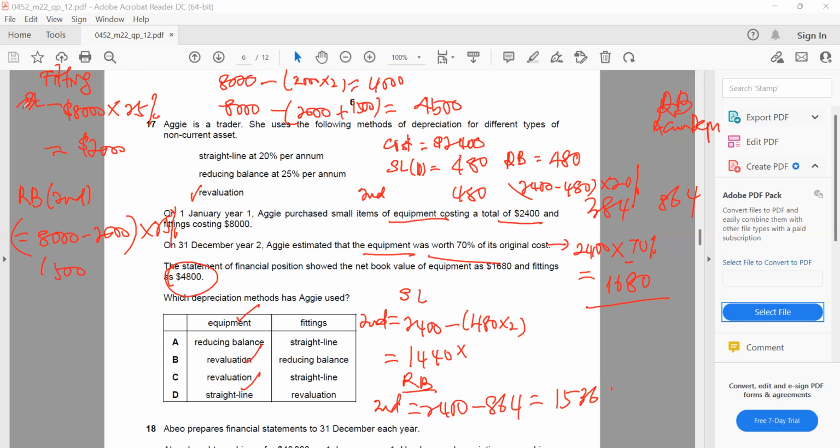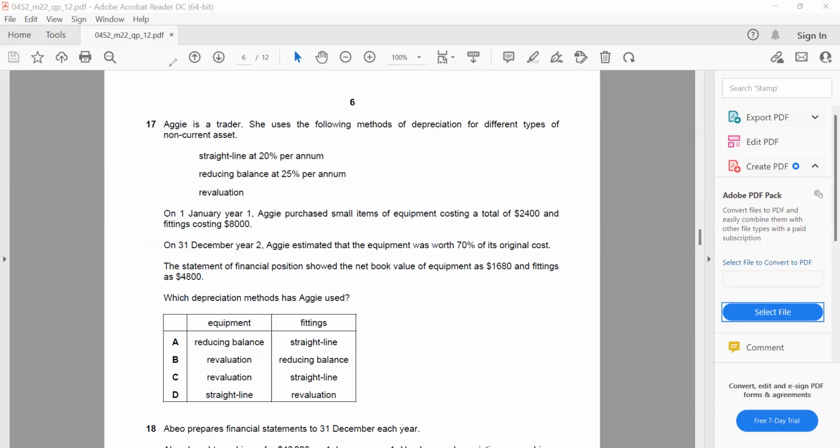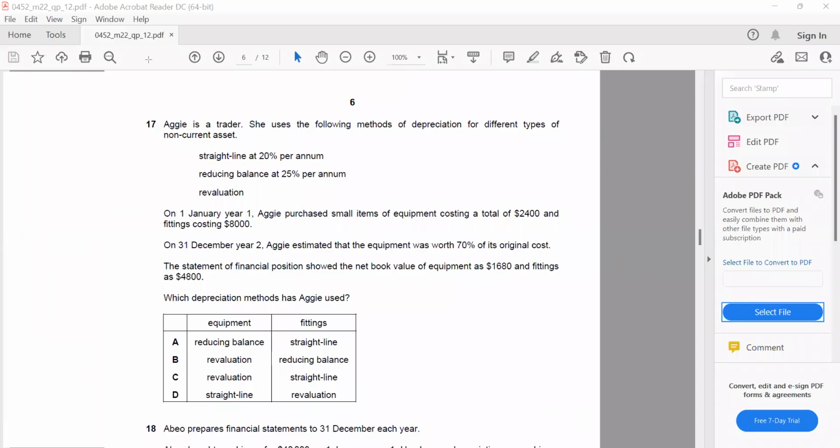These both are reducing balance. I think I made a mistake already in this question. Okay. Let me redo the working. I need to recalculate the working. Wait, let me put it in first. Okay, we do the equipment first. So equipment is the straight line method.